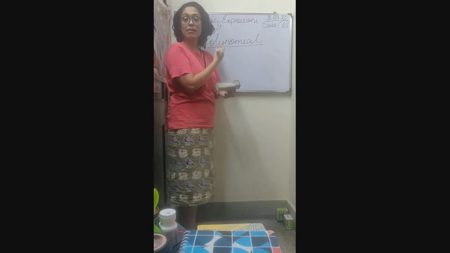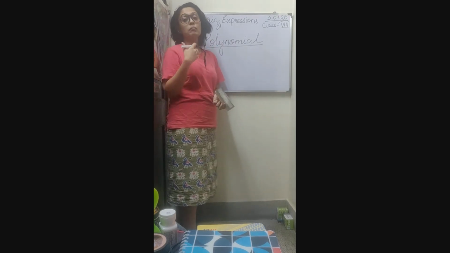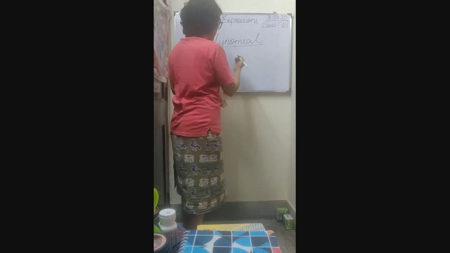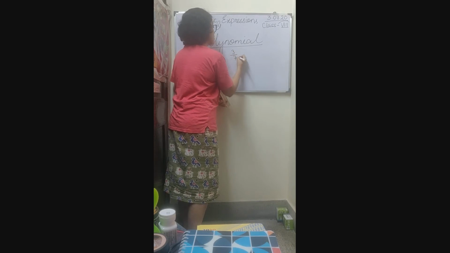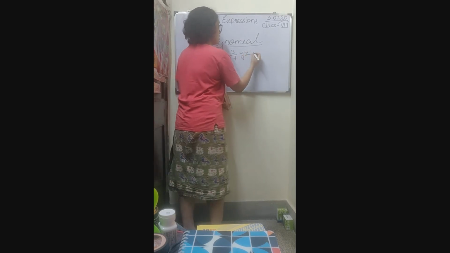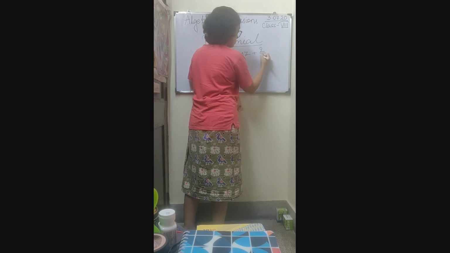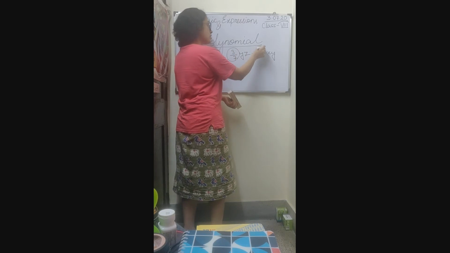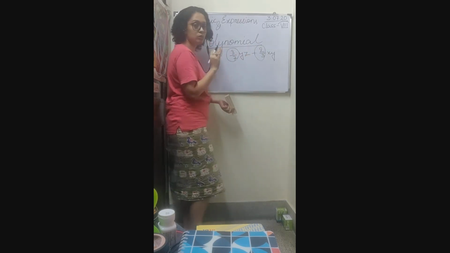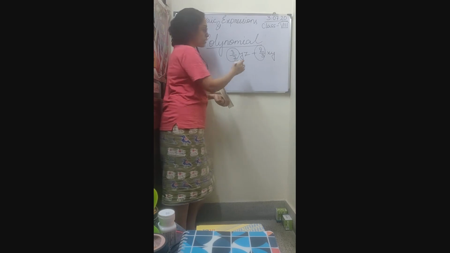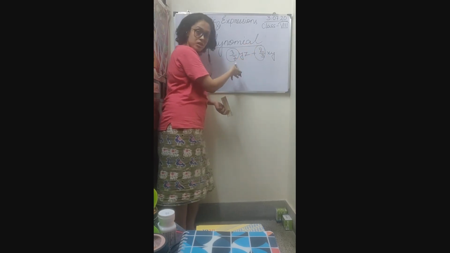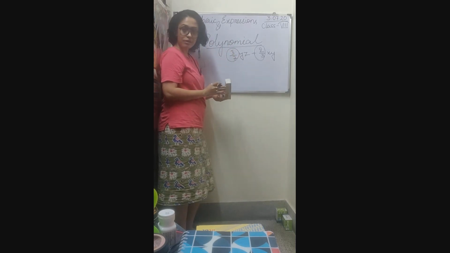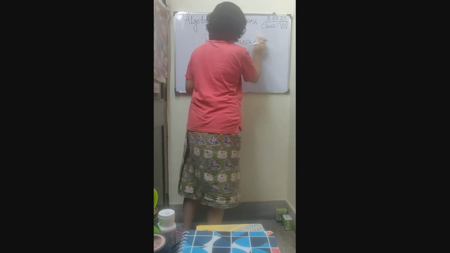All the examples that I had written previously of binomial, trinomial, multinomial can all be called polynomials, like 3 by 7 yz plus 2 by 3 xy. The value of the constant doesn't matter. The power of the variable needs to be non-negative. Okay? So that's about polynomials.